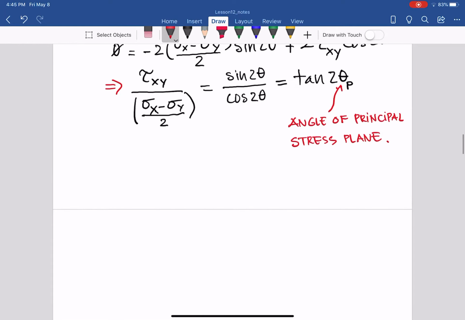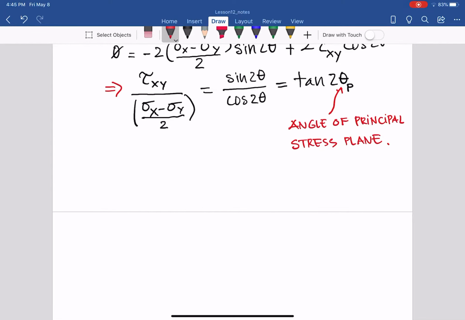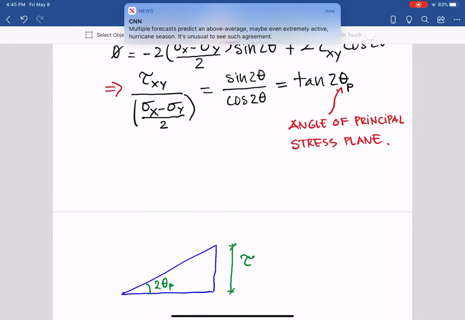So with that equation, I can draw a triangle here, and the angle there is 2 theta p, the principal angle. The opposite component is tau xy, the numerator on top.